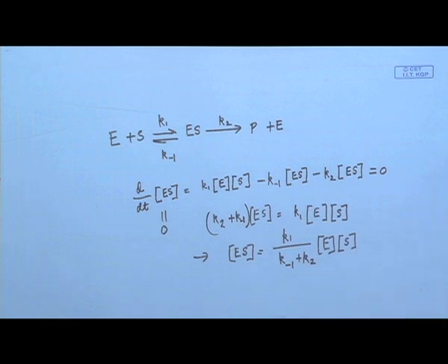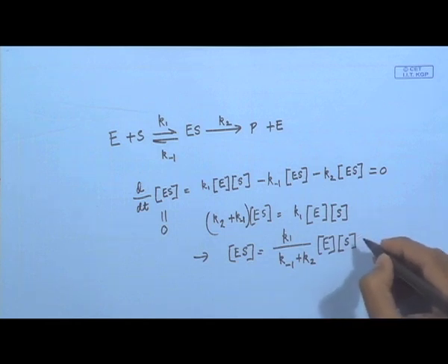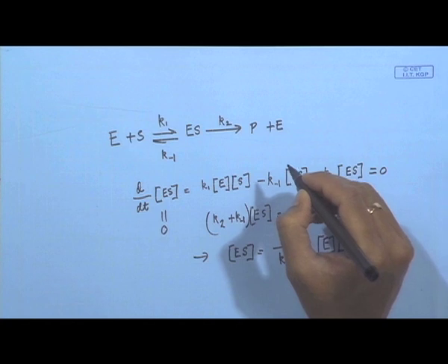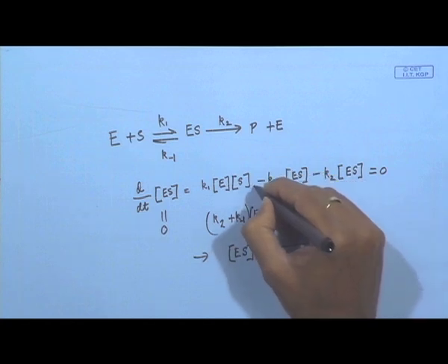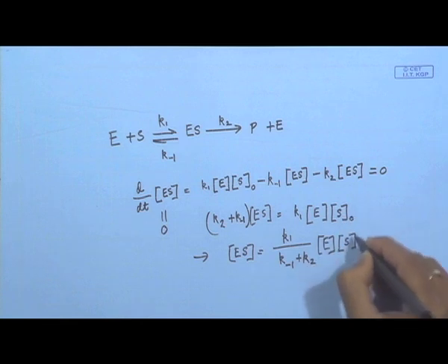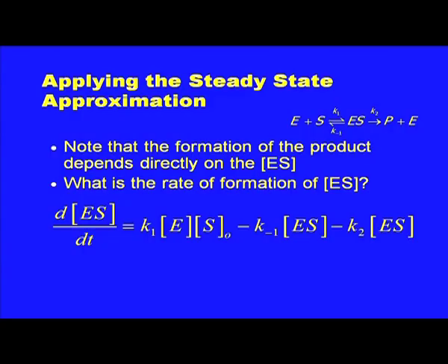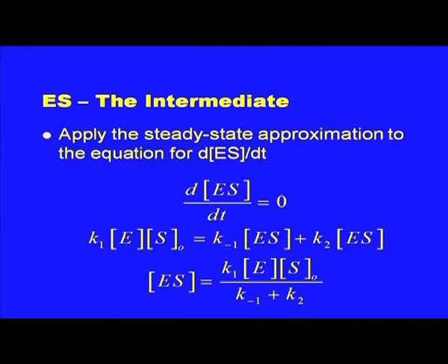Okay. Because you are applying steady state approximation, and this is your substrate concentration, at a given substrate concentration you can do this. So let us put S0, the initial concentration of the substrate, wherever S is there. So you got the concentration of your intermediate. Now it is time to find out the rate of formation of product in terms of this ES.